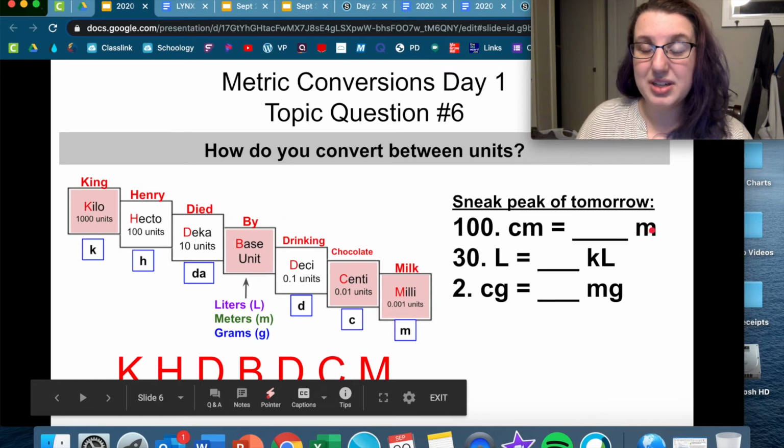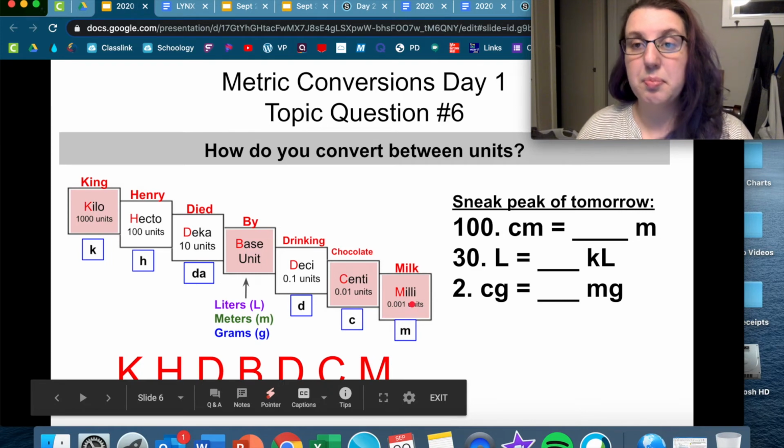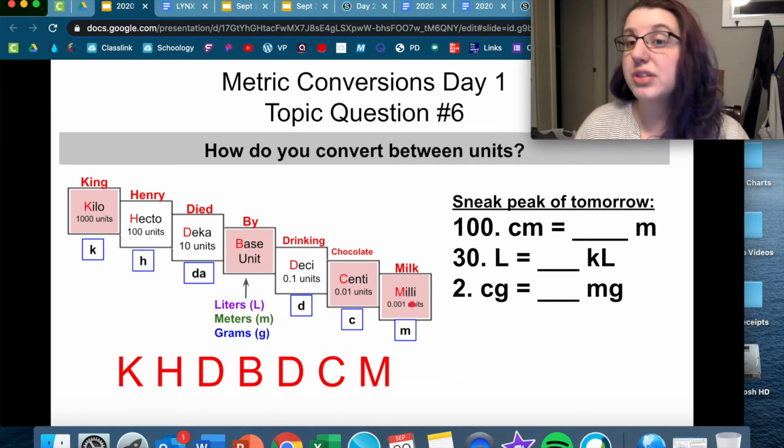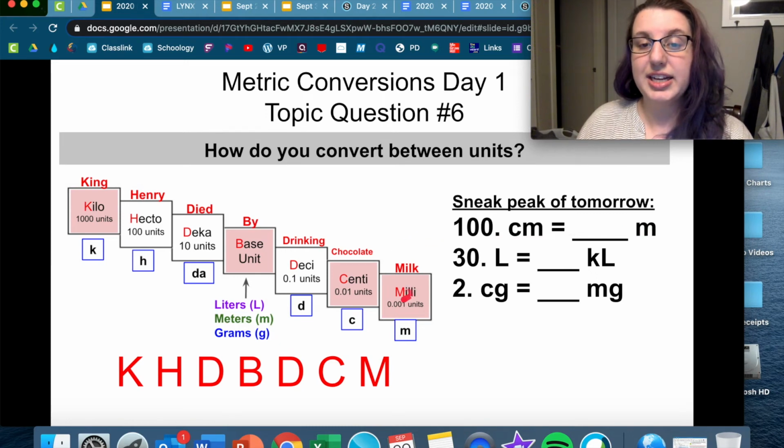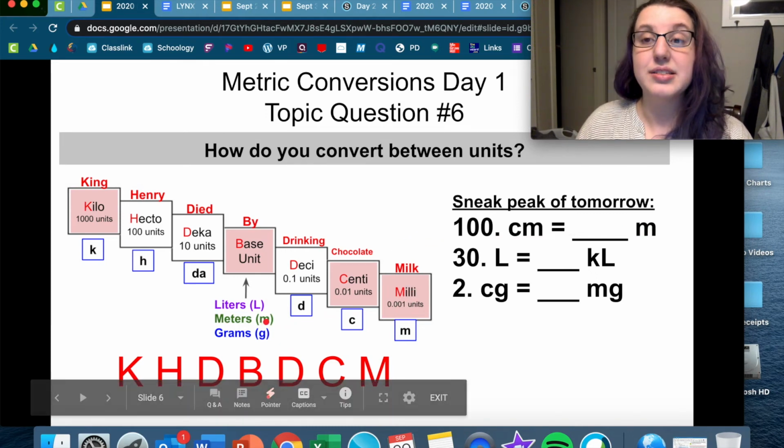The tricky thing to remember is that when you have a single M, that's meters, not milli. You can't just have milli. That means nothing, that's just a prefix. So anytime you see a single M, don't confuse it with milli. Know that that is meters.